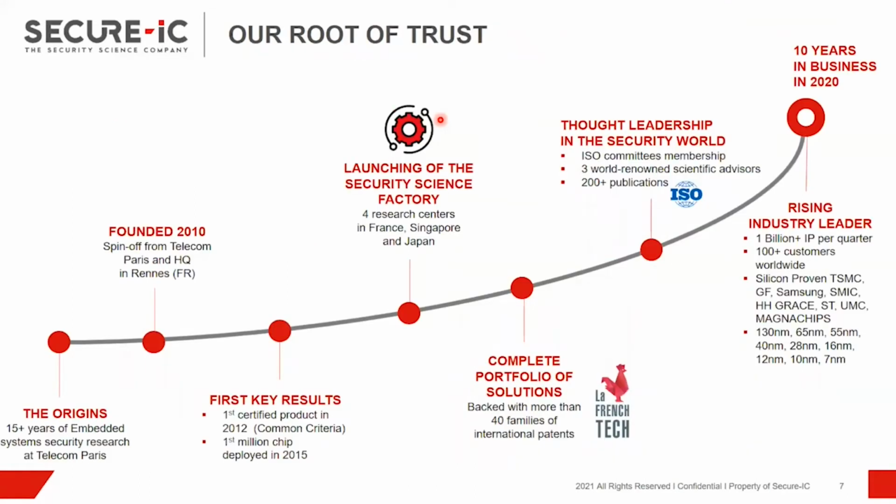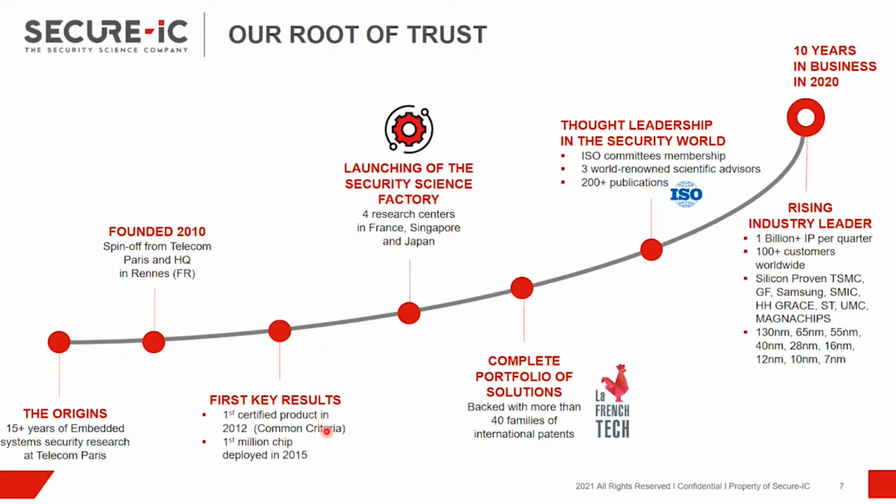A few words relative to SecurIC history. SecurIC was founded in 2010 as a spin-off of a French university called Télécom Paris Tech. Thanks to our co-founders, our history is based on more than 15 years of embedded system security research. In terms of key results, we deployed our first certified product in 2012 and our first million chips in 2015.